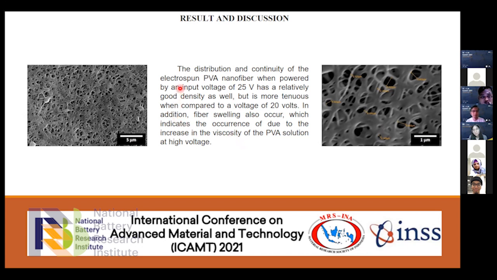In addition, fiber swelling also occurs. You can see the fiber swelling. All of the fibers are swelling. It indicates the increase in the viscosity of the PVA solution at high voltage.